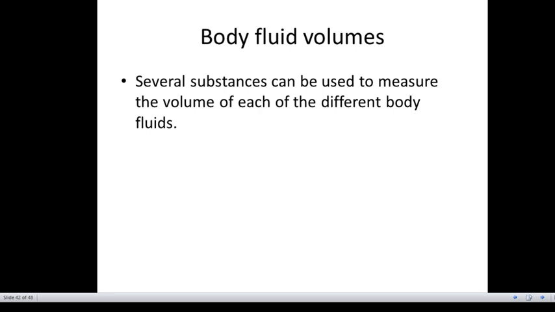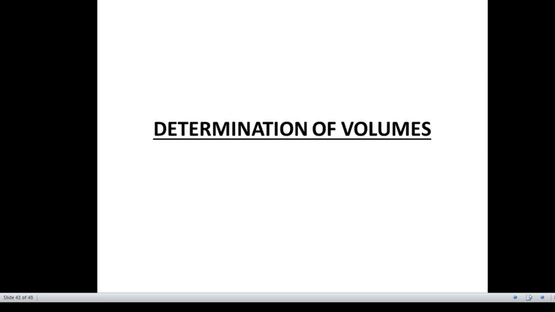Now, several substances can be used to measure the volume of each of the different body fluids. In this section, we shall study various methods by which volumes of specific body fluid compartments are determined.